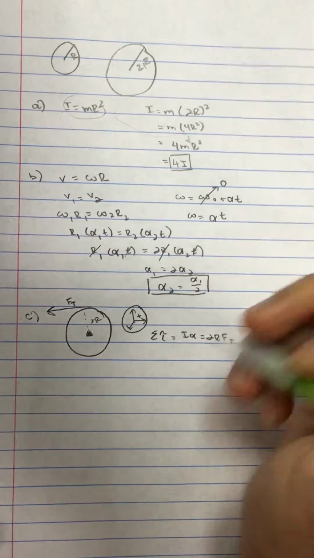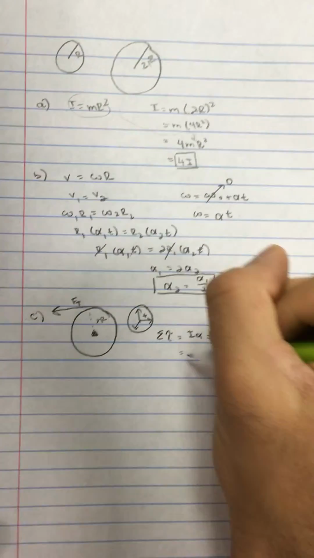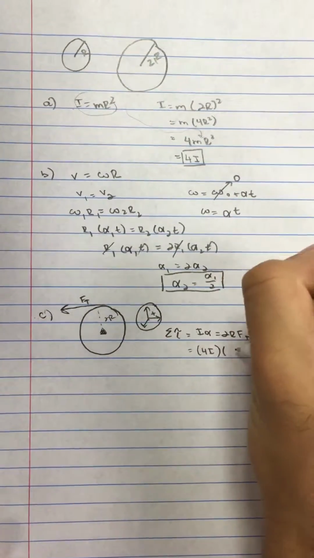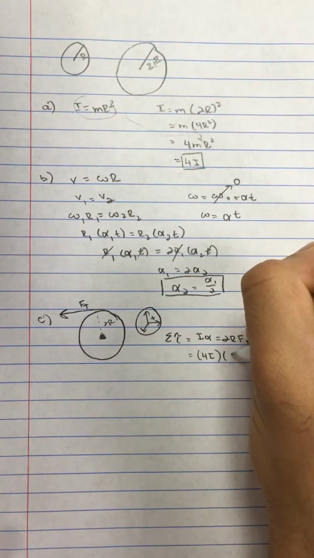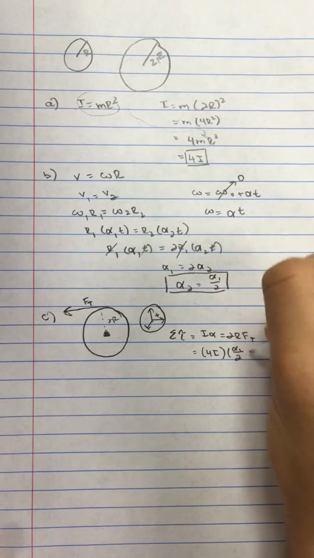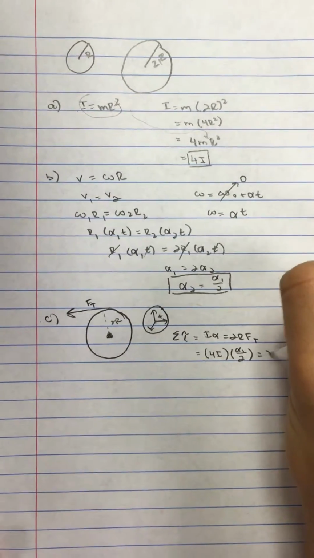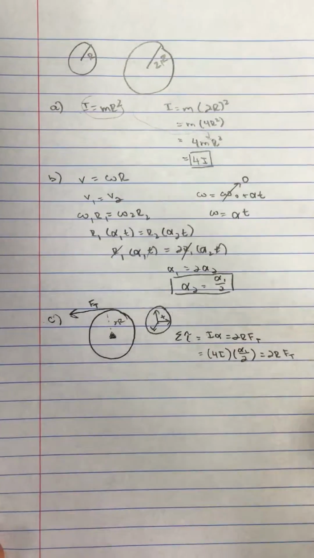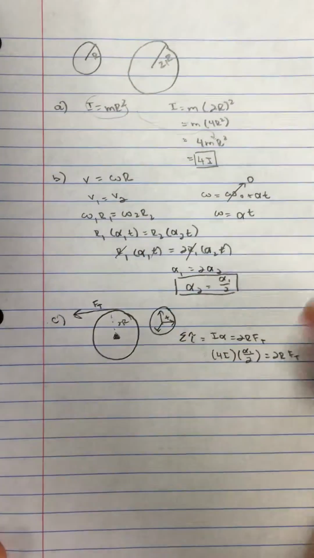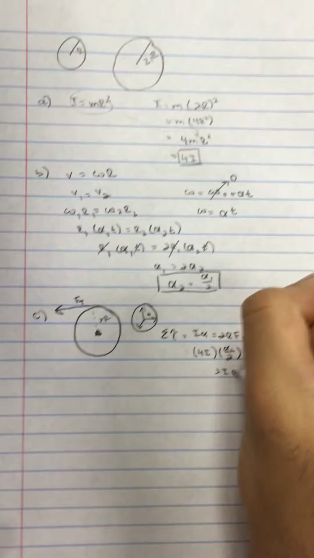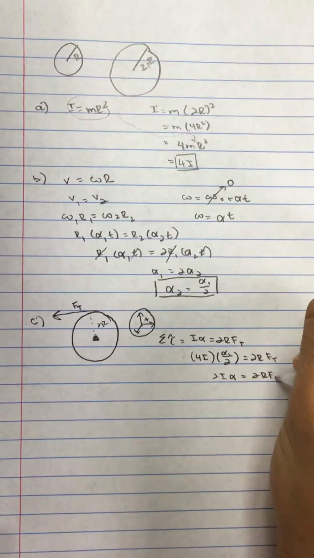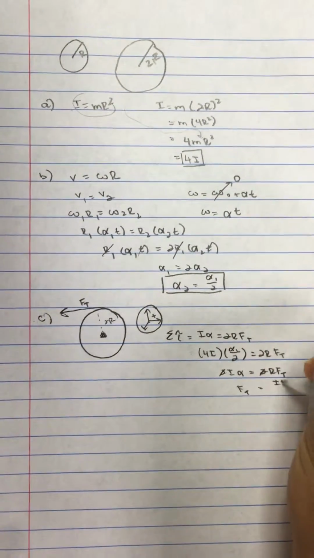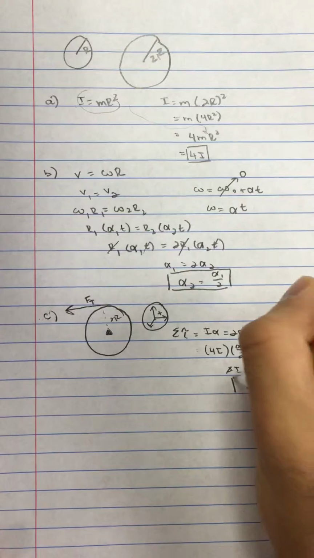We solved earlier in part A that the moment of inertia is 4I, and the angular acceleration in terms of the angular acceleration of the smaller disk is alpha 1 divided by 2, and this is equal to 2r times Ft. So when we simplify, we get that 2I alpha is equal to 2r Ft, and when we solve for Ft, the 2s cancel out, and we get I alpha over r.